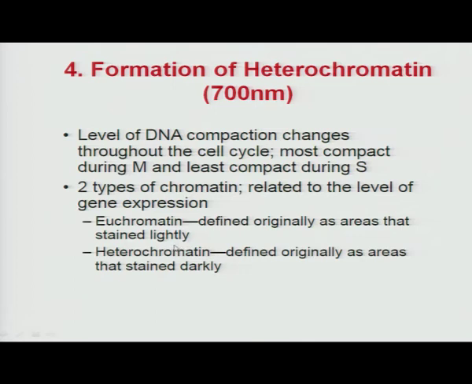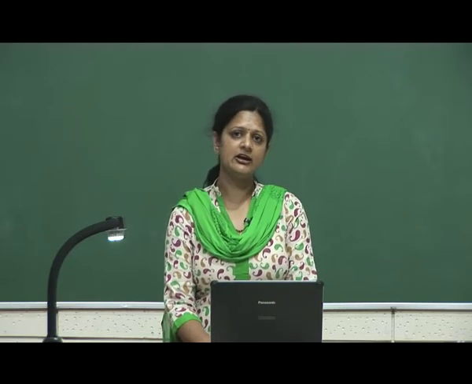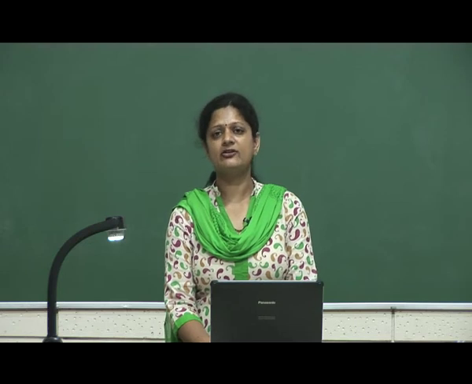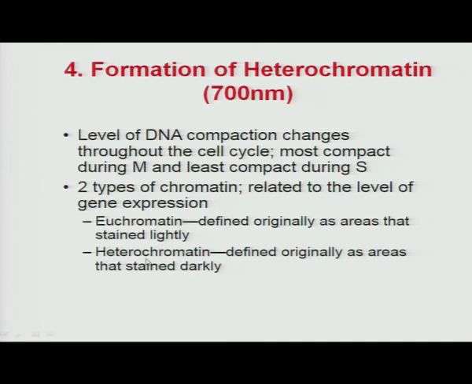If we provide any dye, any stain to the chromosome, that area of the chromosome which gets stained light is considered euchromatin, and heterochromatin are those areas of the chromosome which stain darkly. So, this is how we can differentiate the euchromatin and heterochromatin parts of the chromosome, which is mainly based on staining with certain dye.